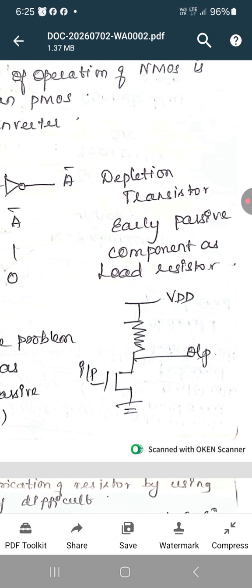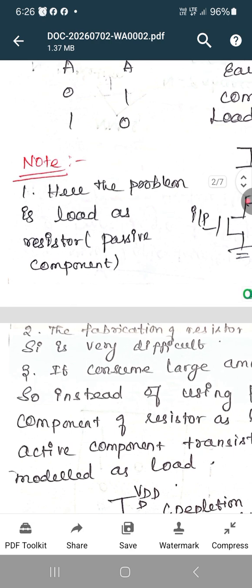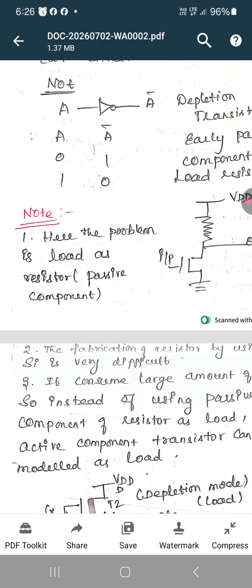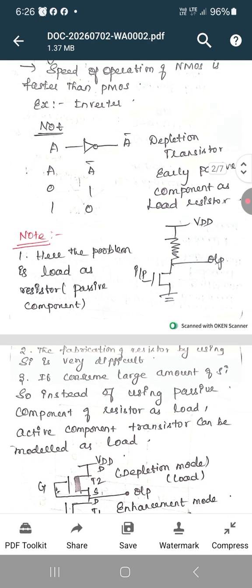Because fabricating a resistor using silicon material is very difficult in this logic, since it requires more silicon than an active transistor. The passive one requires more silicon. Due to that drawback, they moved on to designing the load using an active component in depletion mode.